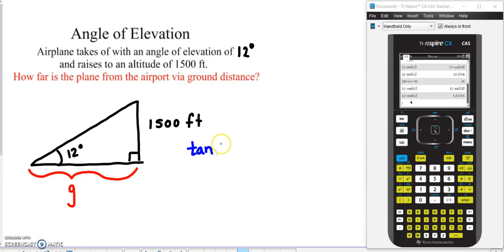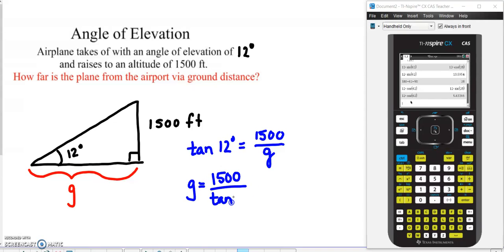The tangent of 12 degrees, tangent is opposite, so 1500 over the adjacent. If we go ahead and solve that, we can just switch those. So G is equal to 1500 over the tangent of 12 degrees.